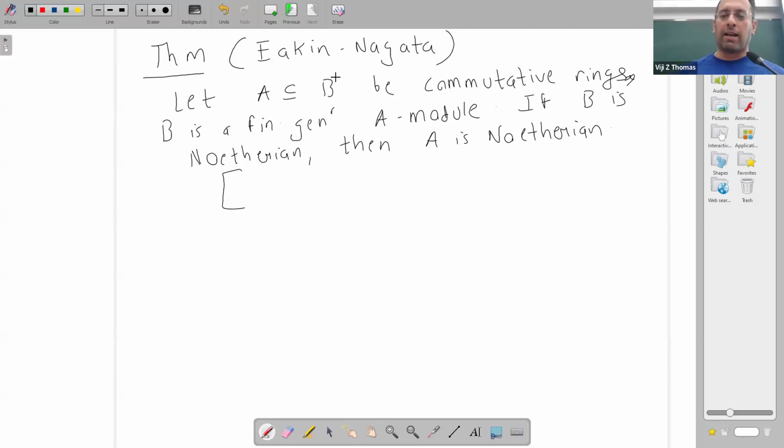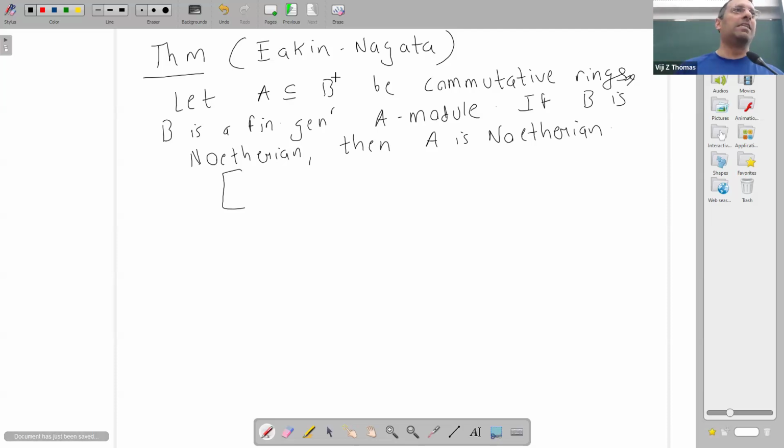So if A is contained in B, and B is a finitely generated A module, and if A is Noetherian, then B as an A module is Noetherian. Once B as an A module is Noetherian, B is a Noetherian ring, because any ascending chain of ideals becomes a chain of submodules, which is already Noetherian. So the converse is very easy.